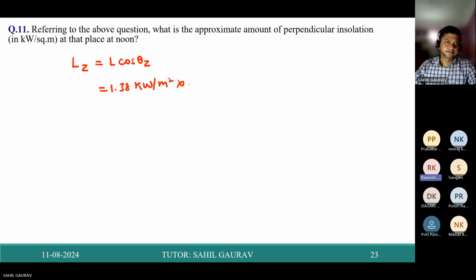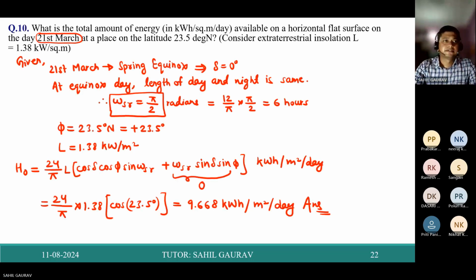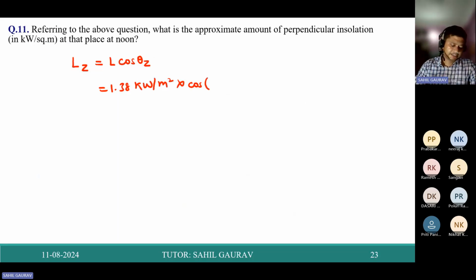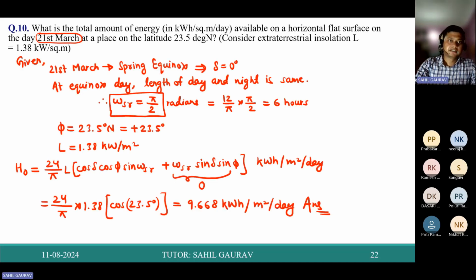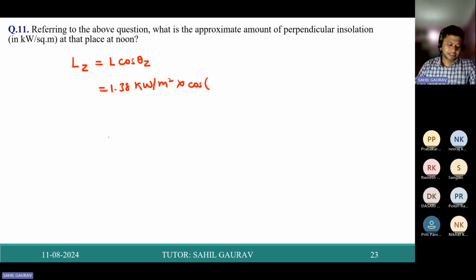Zenith angle. Yes, correct, it is zenith angle. Since the zenith angle will be equal to the latitude angle phi plus delta, and phi is 23.5 and delta is 0, it will be cos 23.5 only.